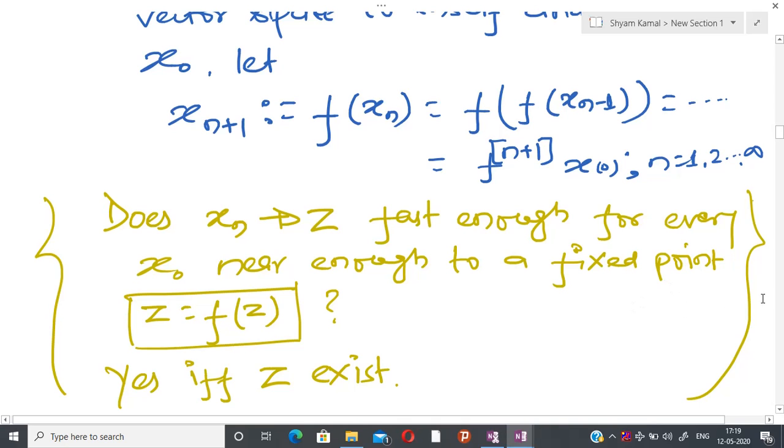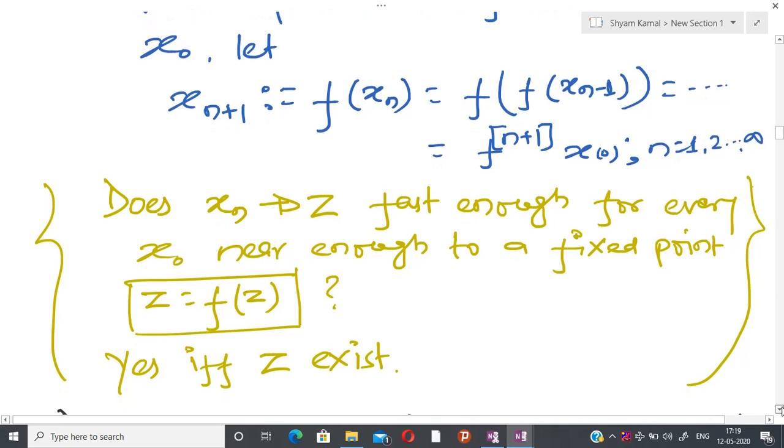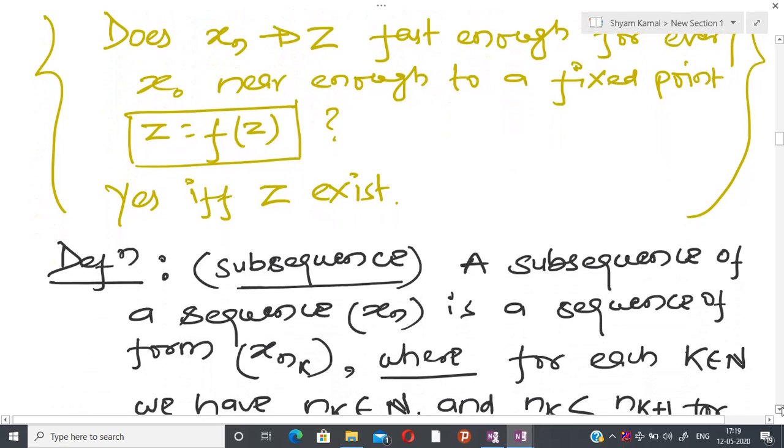So somehow the notion of distance also gives us the idea of the limit. And you know how to define limit in one dimensional space, but most of you may have confusion about how to define limit in the higher dimensional space.